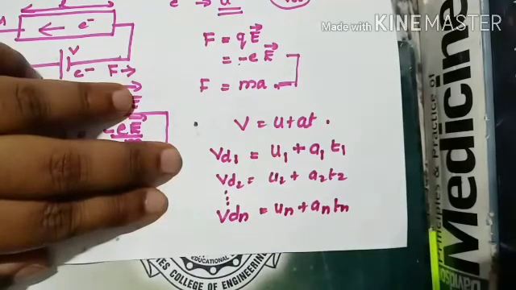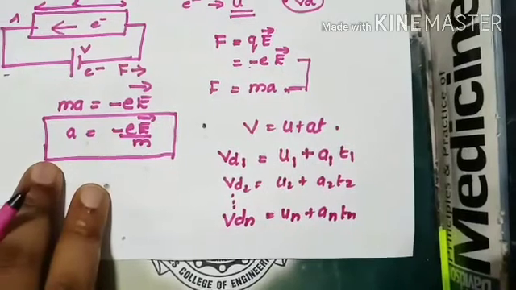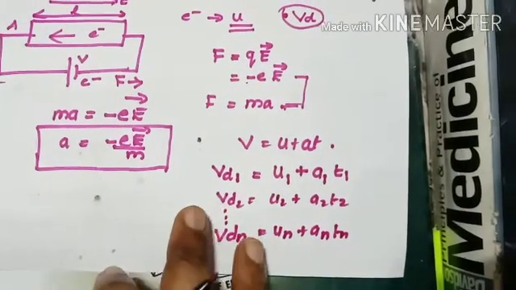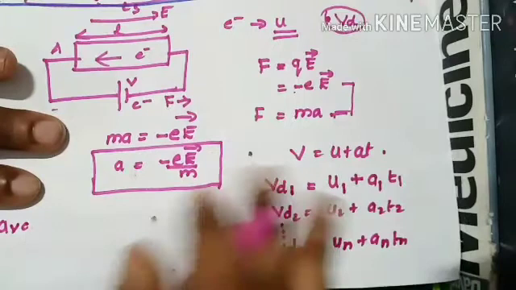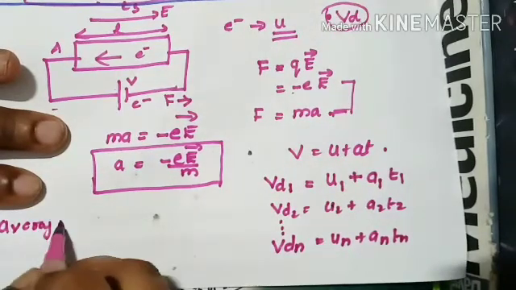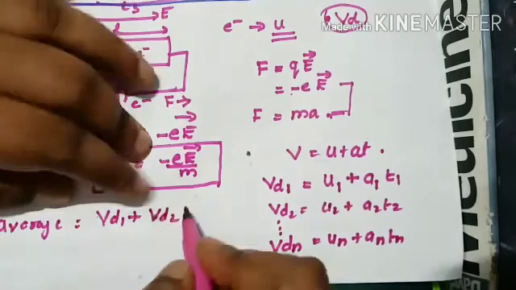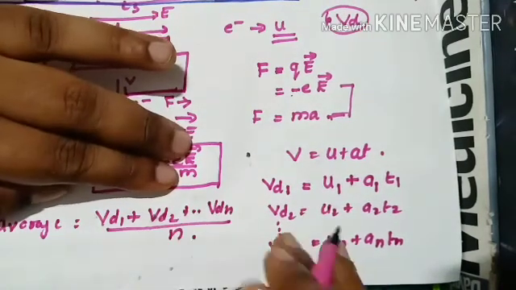Now what would we do? Whenever you are asked the velocity of an entire object, you have to find the average, right? So the average will be Vd1 plus Vd2 and so on up to Vdn, whole divided by n.